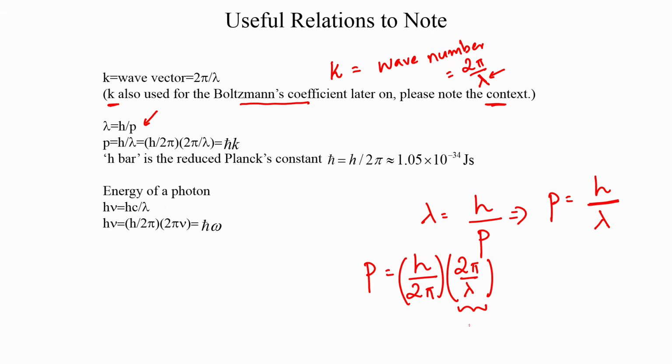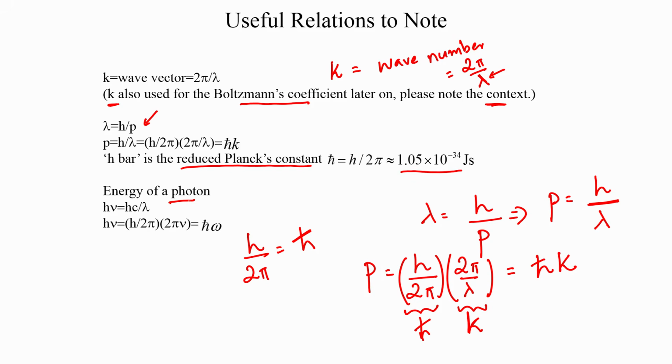We see that 2 pi by lambda is k, and this term h by 2 pi is given a new definition. It is called h bar, or the reduced Planck's constant, and it has a value of about 1 x 10^-34 joule second. And therefore, the momentum can also be expressed as h bar k.